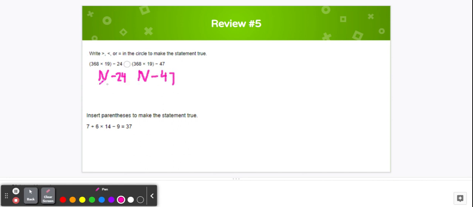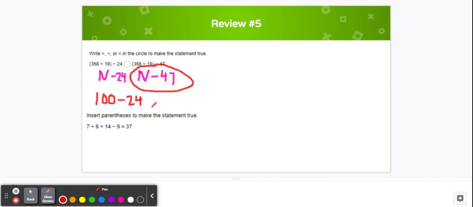So if n is the same number, and on the right side I subtract more from it, so I'm taking more away, this number will be less, right? Because I'm taking more away. Let's assume n is 100. I know 368 times 19 is not 100, but let's assume it's 100 just to prove our thoughts here, and then we'll solve it for real.